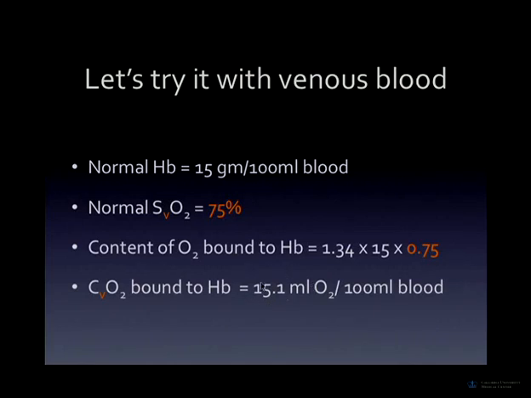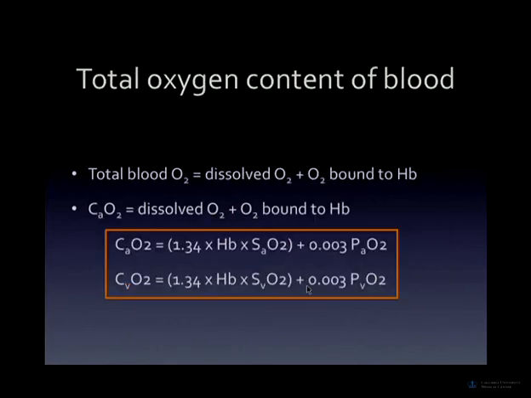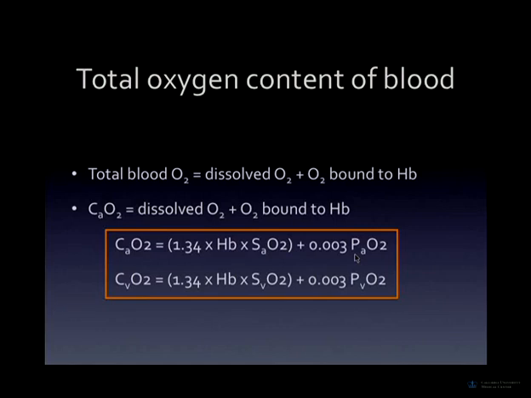because there's about 5 milliliters of oxygen per 100 milliliters of blood dumped in the tissues. During normal resting circumstances, the content of oxygen in venous blood is about 15 milliliters of oxygen per deciliter. And the total oxygen content of the blood is just the content of oxygen bound to hemoglobin plus the content dissolved in the blood directly.